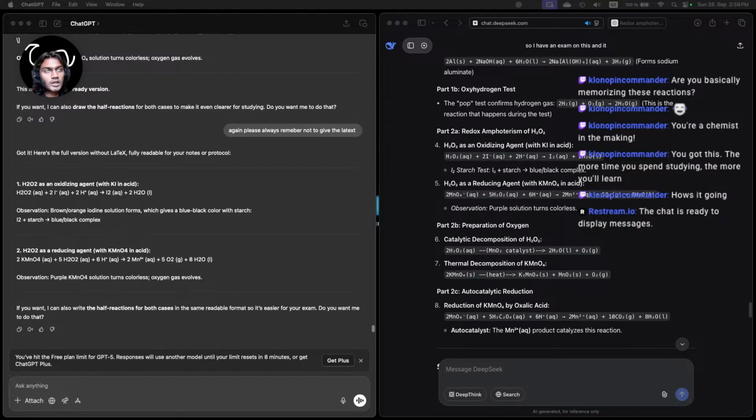Are you basically memorizing these reactions? Kinda. I wouldn't say memorizing. Yeah, I would say memorizing. I was not focusing on the equations right now.